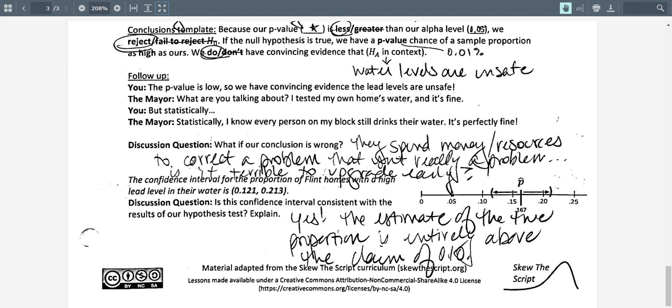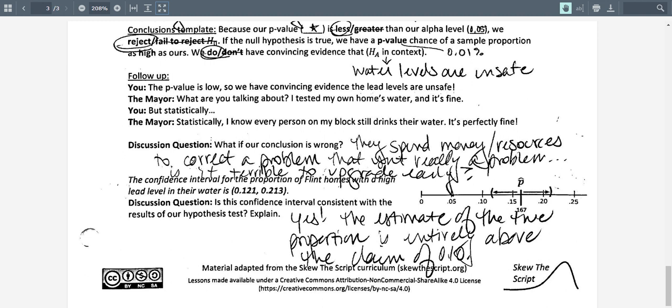If we found that we were wrong, that we just didn't have enough evidence to say that they were wrong, then we would end up not correcting a problem and the water source would continue as is. And if it's not safe, then there are all of the issues that come with unsafe lead levels in the population, spending money and resources down the road to care for those individuals.